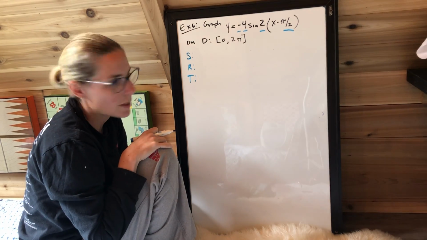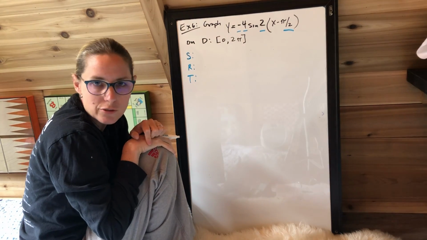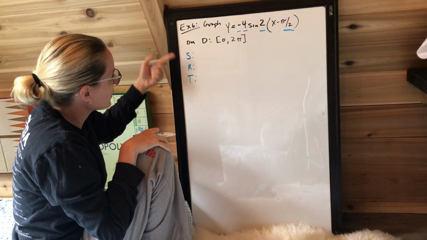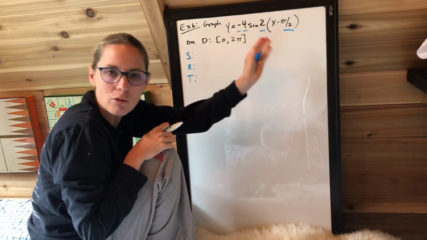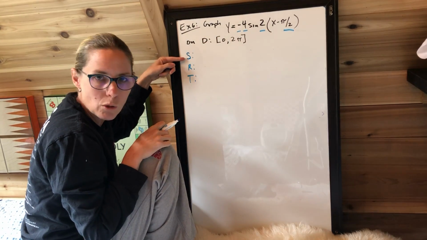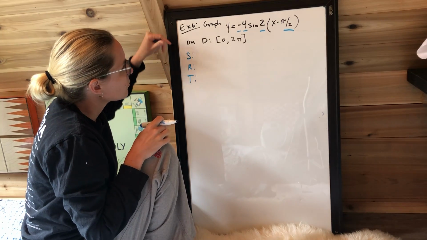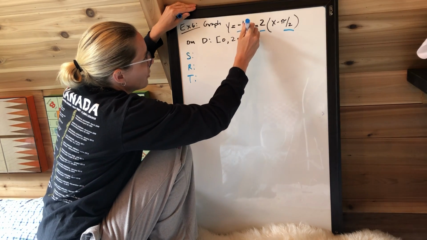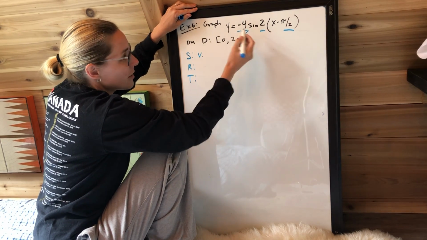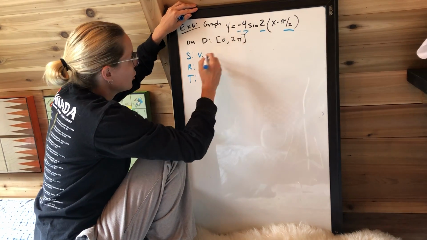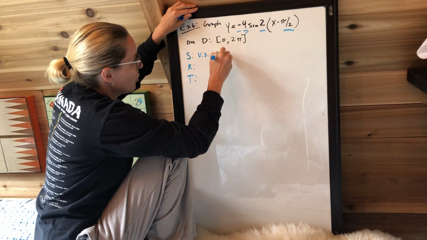We have 4 transformations affecting what would have been a natural sine graph. So we start listing them, and we're going to not list them in left to right order, but in order of what are stretches or compressions, which ones are reflections, which ones are translations. So stretches and compressions start here, this 4. It's out front of the function, which makes it a vertical stretch by 4.